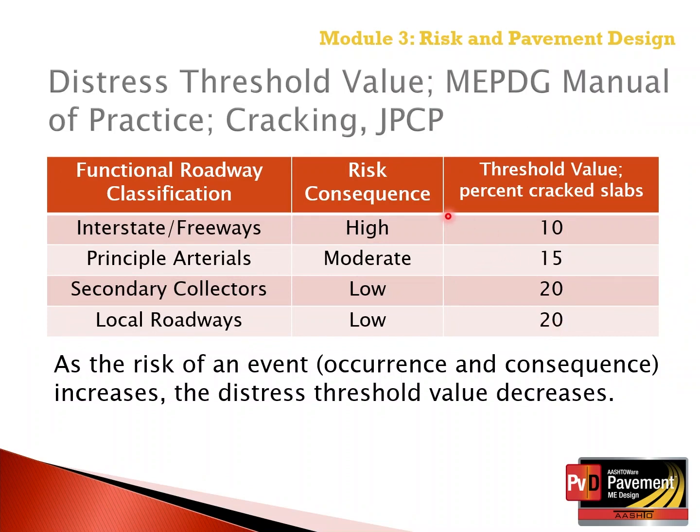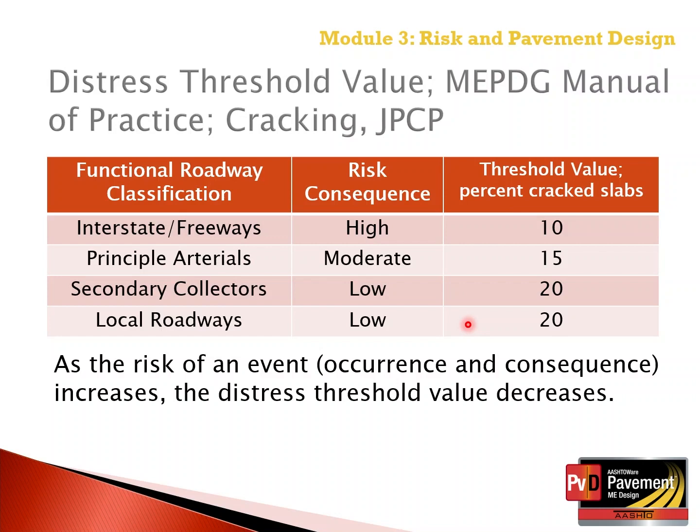This table is also in the MEPDG manual of practice for fatigue cracking of jointed plain concrete pavement. The same values as in the previous slide for flexible pavements are now shown, but for fatigue cracking of jointed plain concrete pavement: percent cracked slabs, with values going from interstate, higher volume roadways to lower volume local roadways.